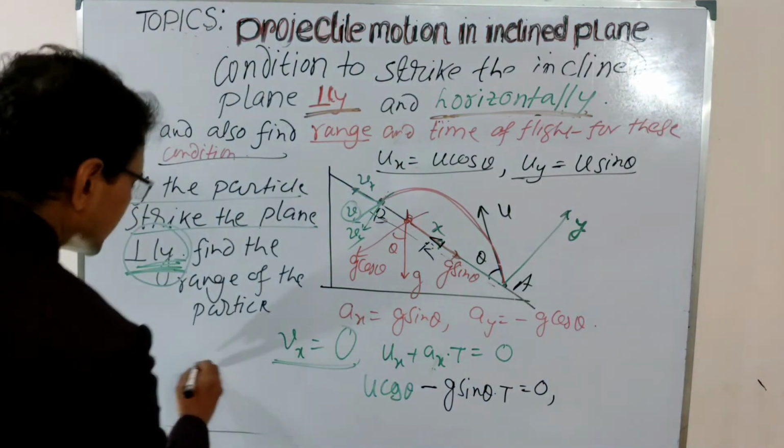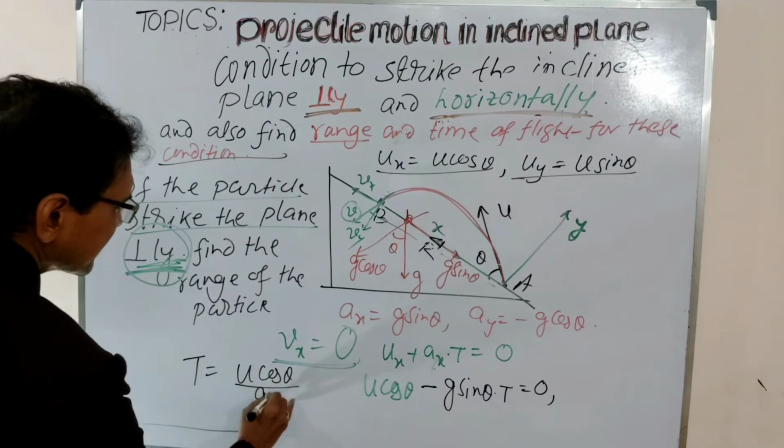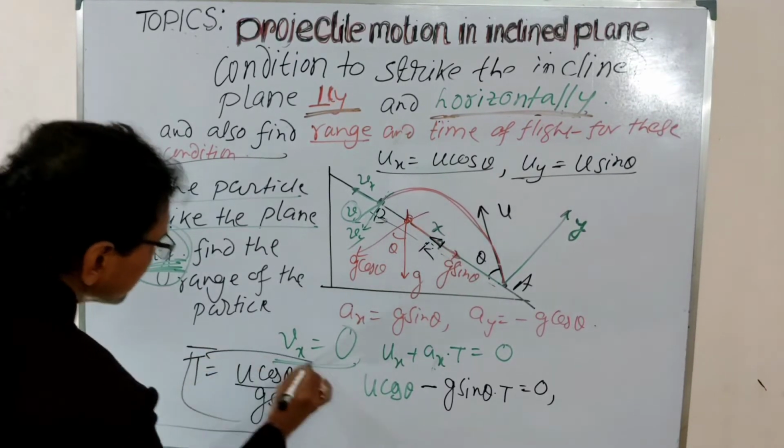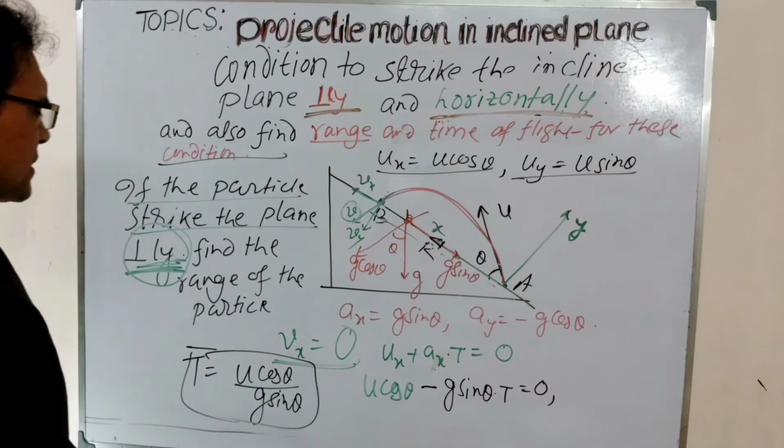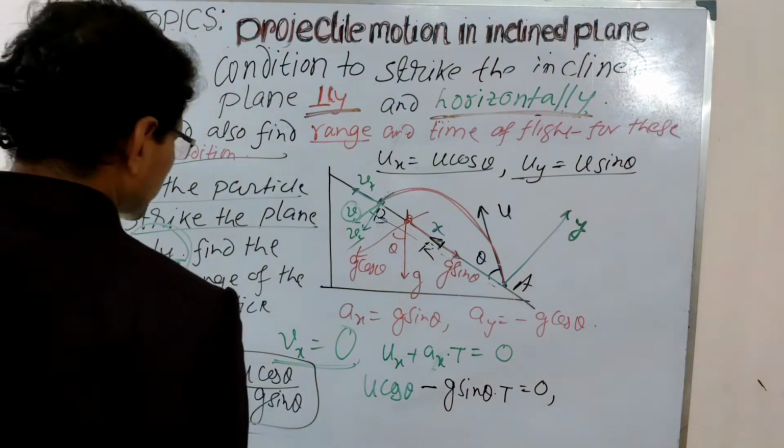From that we get t equal to u cos theta by g sin theta. This is the time of flight, t.